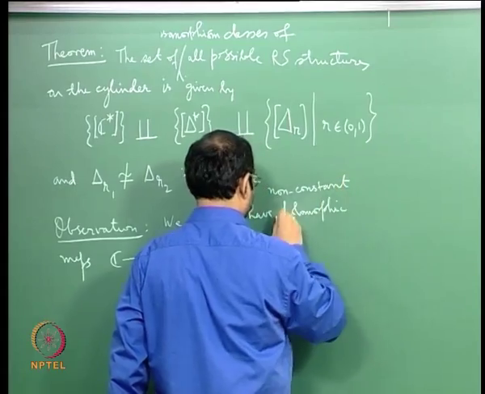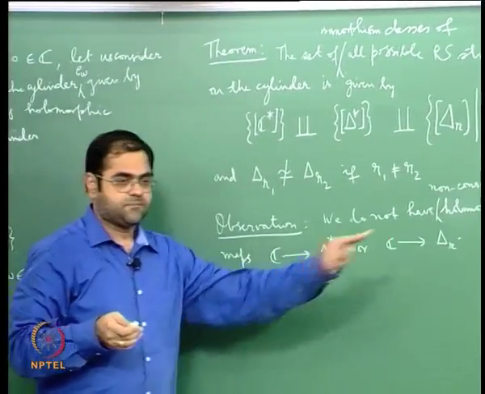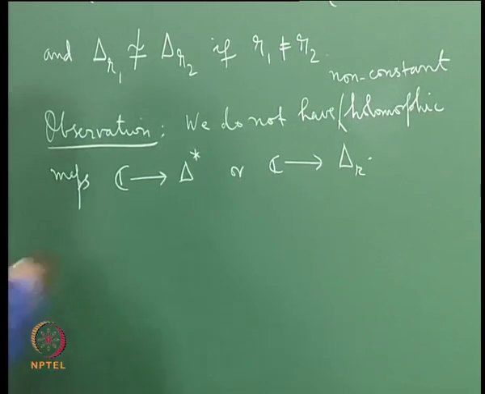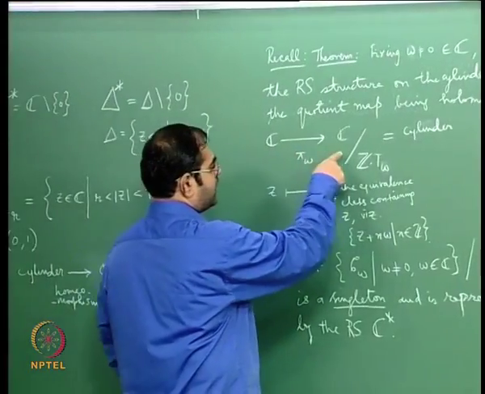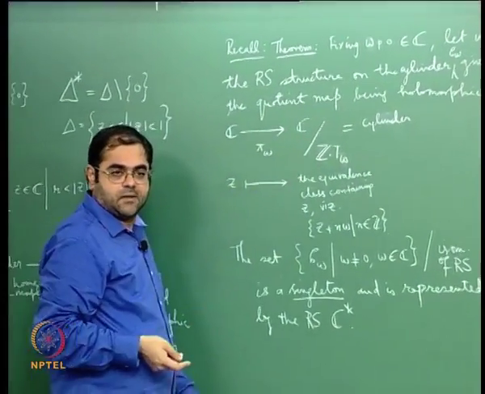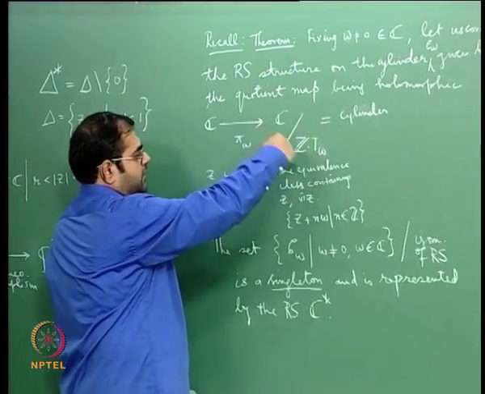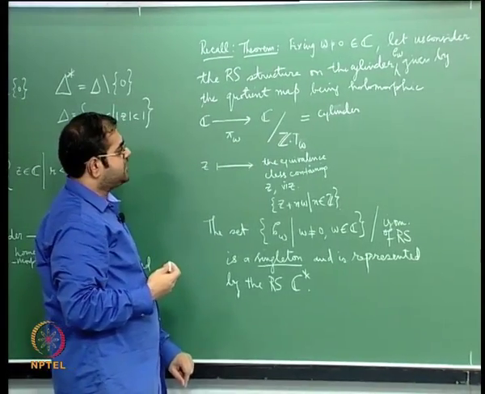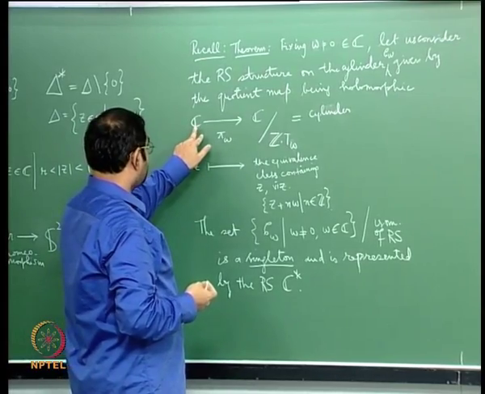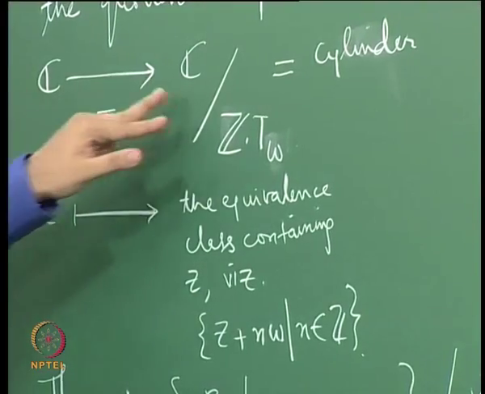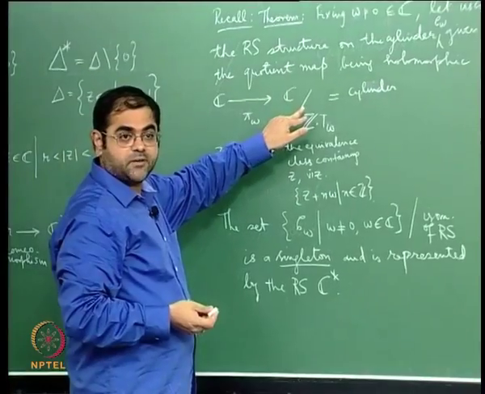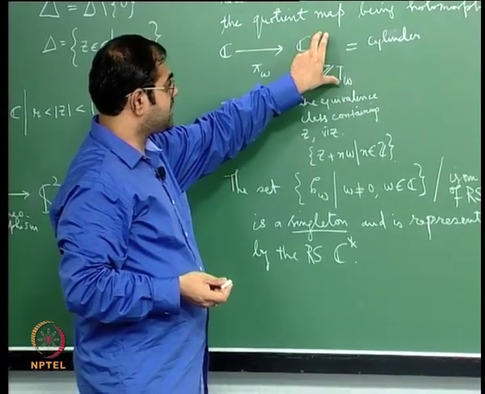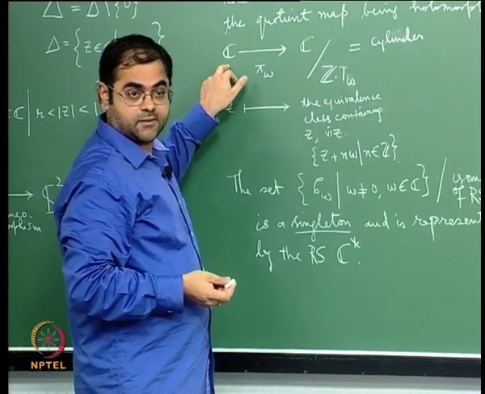That is very important. We do not have non-constant holomorphic maps from C to delta star or from C to delta R, but we do have a holomorphic map from C to, for example, C star or any Riemann surface structure which comes in this way. What is very special is the existence of this map from C, and that is a non-trivial map, mind you, it is a surjective map, and that map expresses this Riemann surface as a quotient of the complex plane.